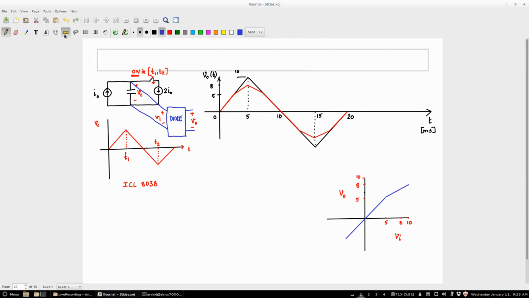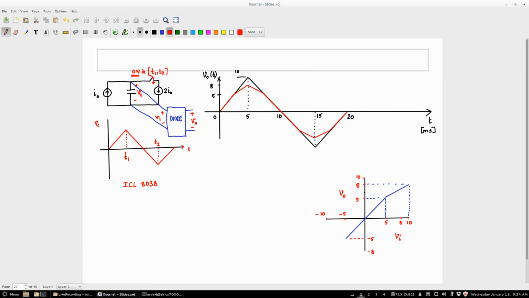And then from 5 to 8, or rather for V i from 5 to 10, your output should go from on this, right?